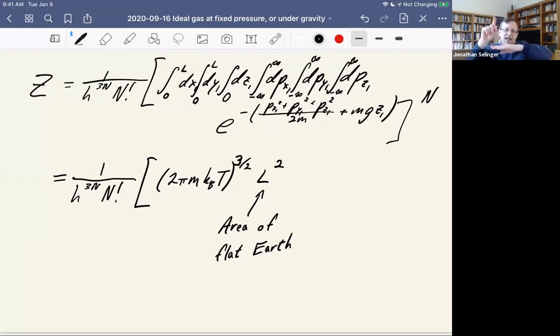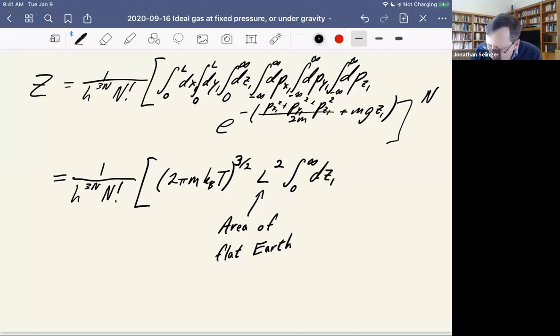There's nothing that keeps molecules from getting to an arbitrary unlimited height above the Earth. So that integral will be from 0 to infinity.